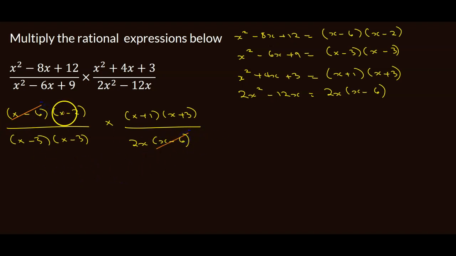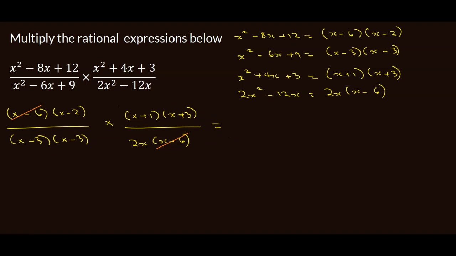What about x minus 2? Do we have anything in the denominator? No, we don't. Do we have x minus 3 here? Do we have anything in the numerator? No, we don't. And then we have x minus 3 here again, so we do not have anything in our numerator. Do we have anything common? No, we don't.